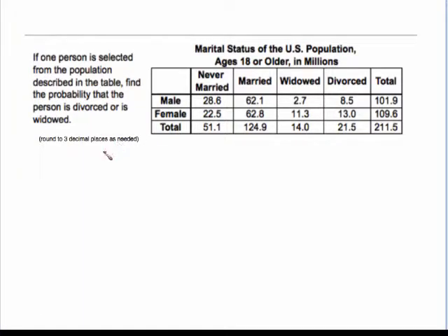If one person is selected from the population, find the probability that the person is divorced or widowed. Divorced is in here, widowed is in here. We have our totals.